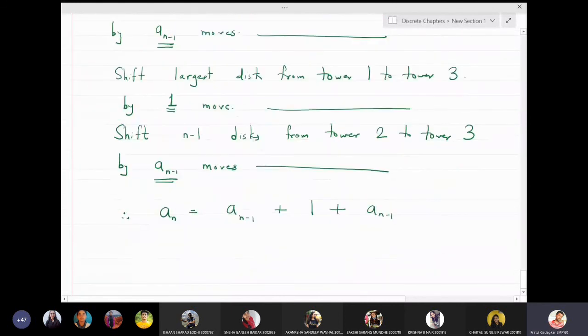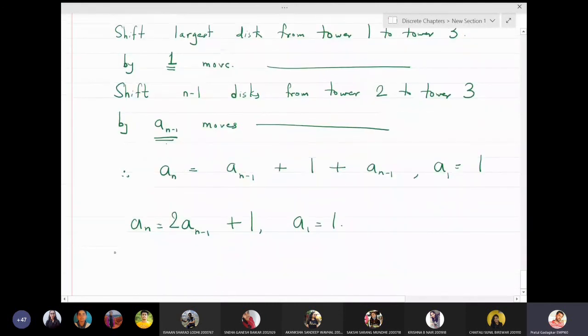And how many moves are needed to shift one disk? To shift one disk, we need only one move. So we get the recurrence relation an is equal to 2an-1 plus 1 with the initial condition a1 equal to 1. So we can now solve this by the iterative method.